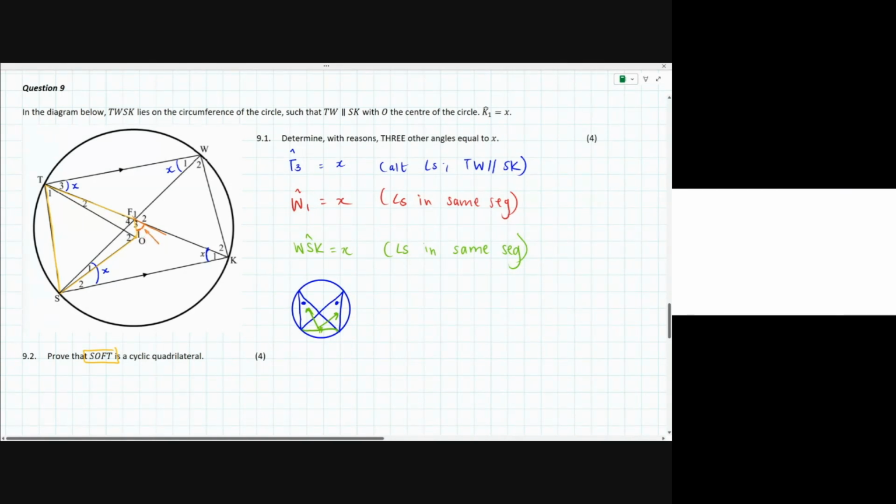It's a bit complicated. So I'm going to go with the angles in same seg situation. And I'm now going to have a look and see, is there a way for me to work out F4, O2, or even S1 and T2? Now, just having a look at what's going on here, hopefully you can see that I'm obviously going to go F4, O2.